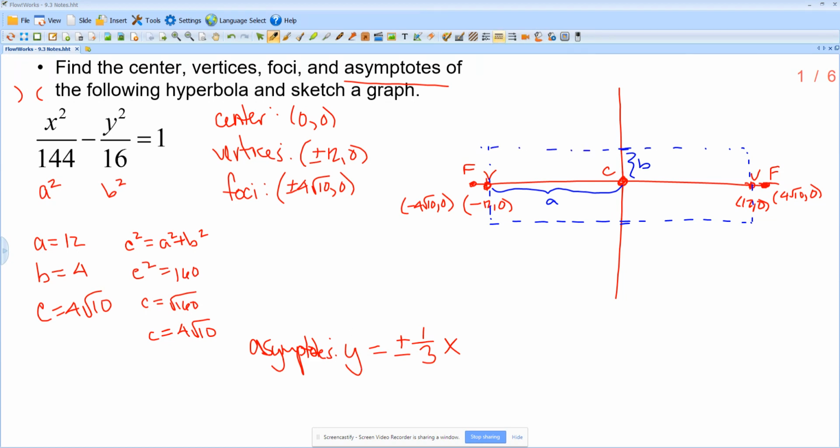So that now, if I want my asymptotes, they have to be diagonals of this rectangle, and they have to go through the center. So that's how we're going to draw our asymptotes.